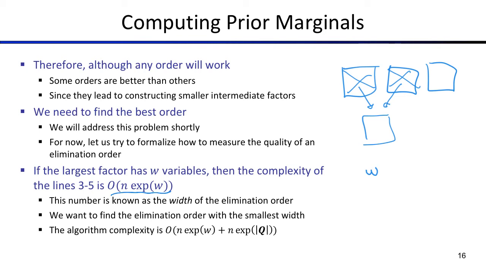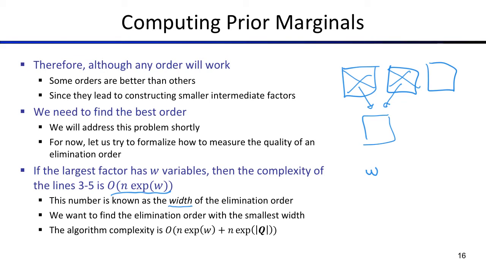So we call this number the width of the elimination order. It's frequently used as an indicative of the performance of the algorithm or the quality of the elimination order. And we want to find the elimination order that has the smallest width, right? So that is going to be the most efficient one. So it's the elimination order that will lead us to the smallest, largest factor that we can get.